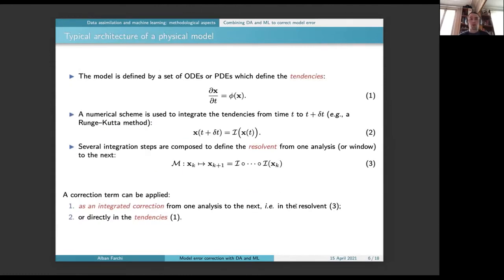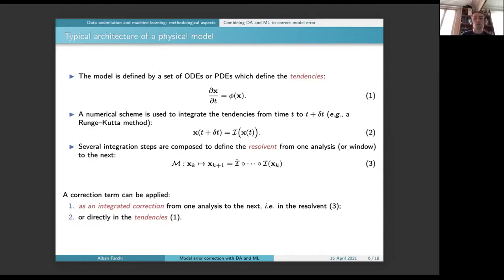But before we introduce the model error correction, we need to discuss a bit the typical architecture for the physical model. Typically, a model will be defined by a set of differential equations, which define what we call the tendencies, equation 1. These tendencies will be integrated from time t to time t plus delta t using a numerical scheme.